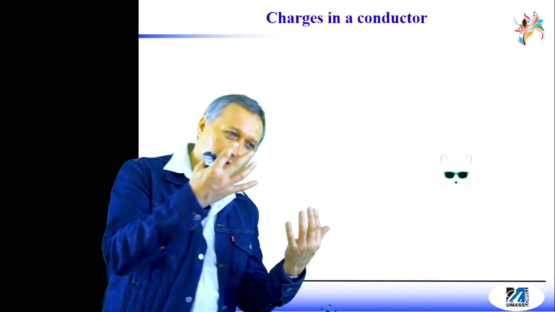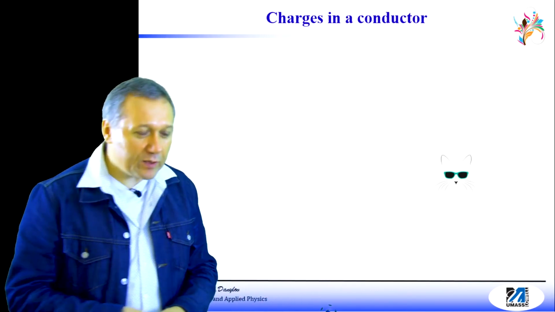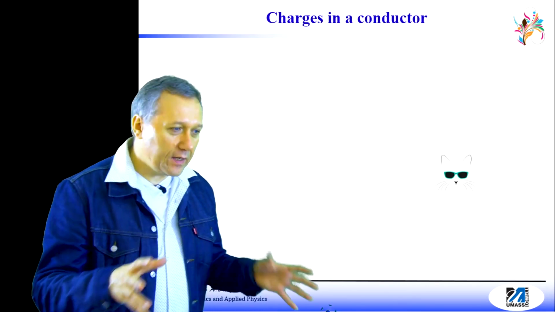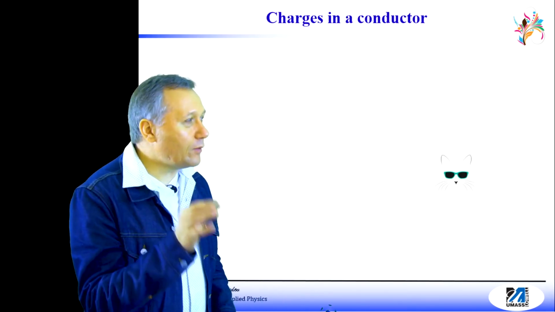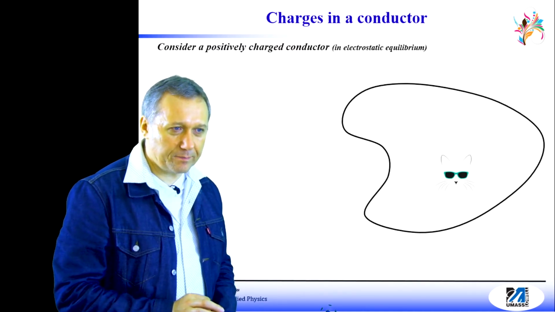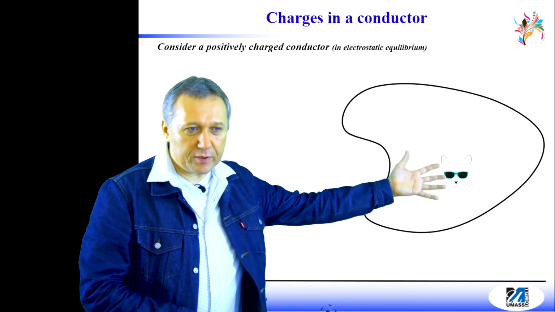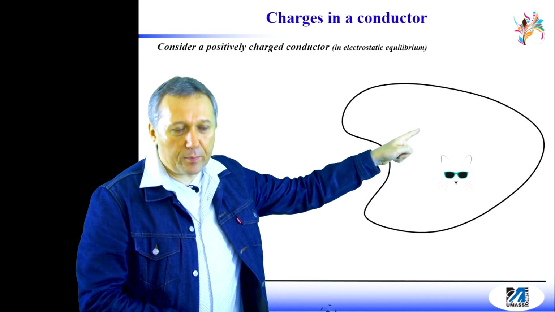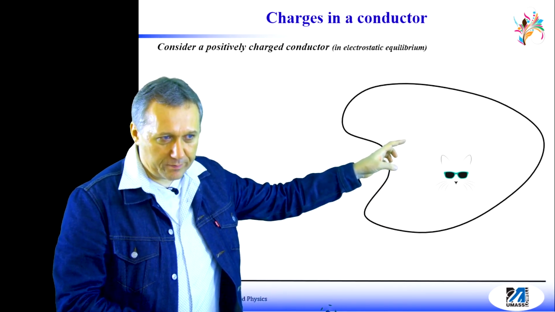Basically, we had an equal number of positive and negative charges. Now, let's make the situation slightly more complicated. Let's take a piece of a conductor and dump some amount of, for example, positive charge on that piece of a conductor. So let's say we have a piece of a conductor, and what if we, for example, at this point, dump some amount of positive charge?